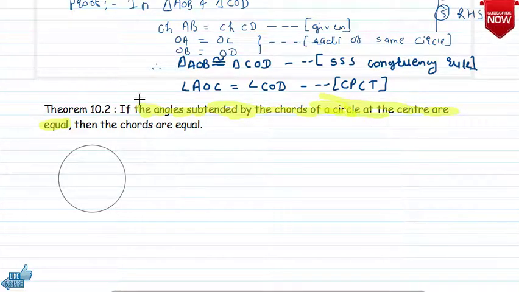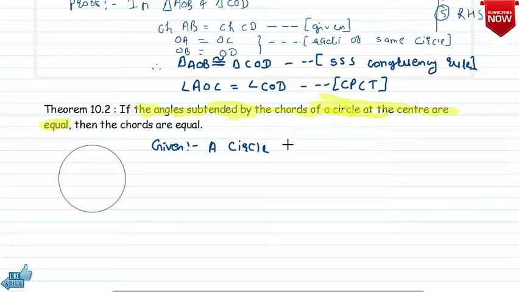Let me write the given. Given is a circle with center O. This is a circle with center O.